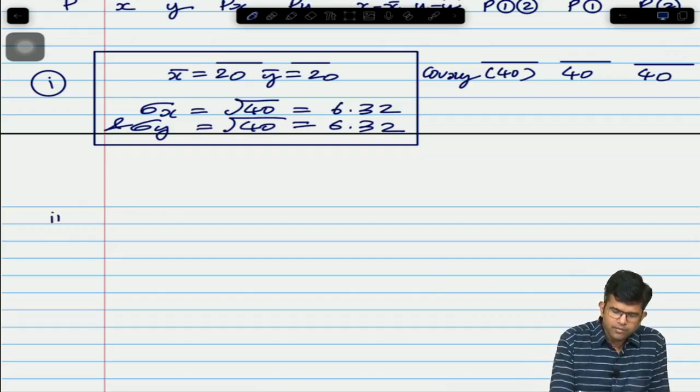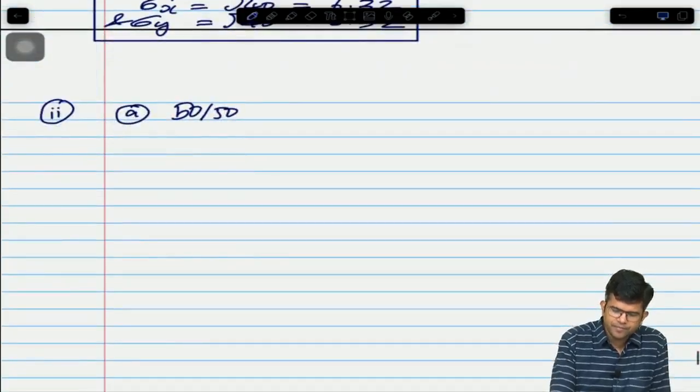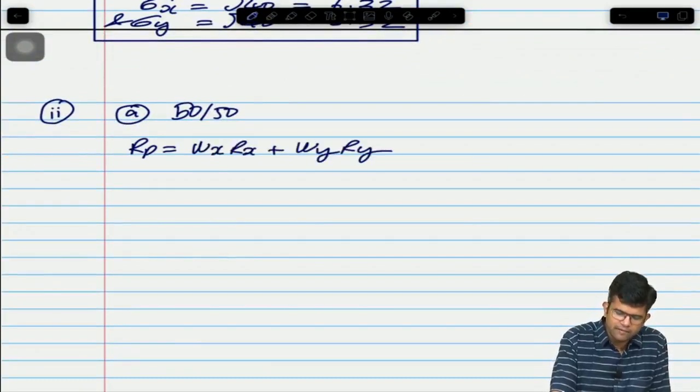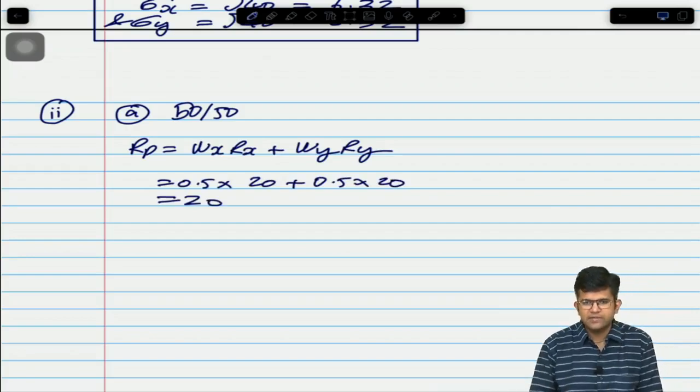Now for point number 2, I'll first take 50-50 weights. Rp will be Wx Rx plus Wy Ry, 0.5 into 20 plus 0.5 into 20, this is 20. Rp is 20.